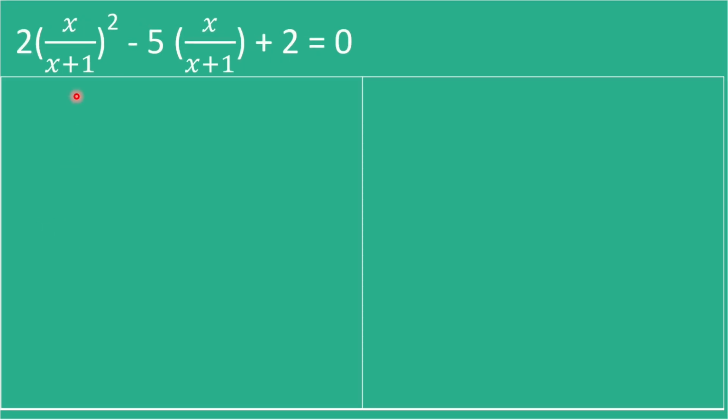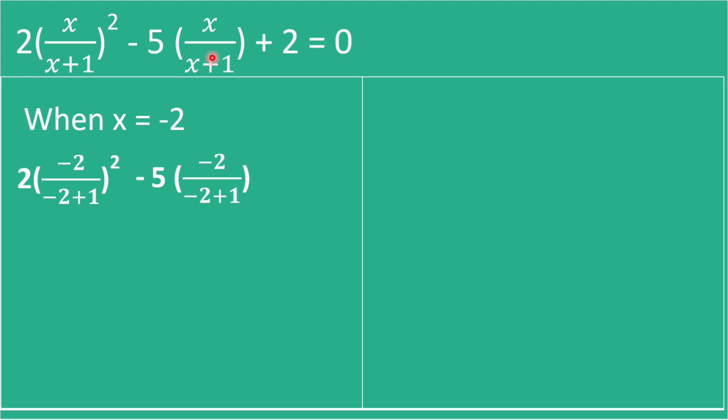So we have this given equation, and now we will put the values of x one by one. When we have x equal to minus 2, we will put this minus 2 over here in place of x. So when we put x equal to minus 2, we have this value, and then minus 5 into this value plus 2 equals 0.